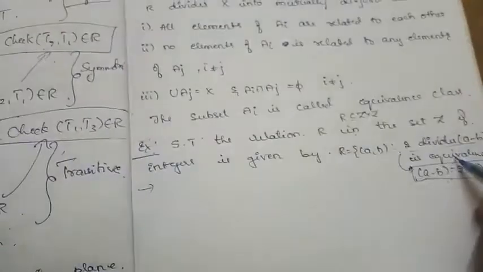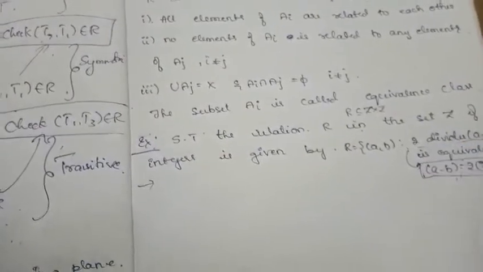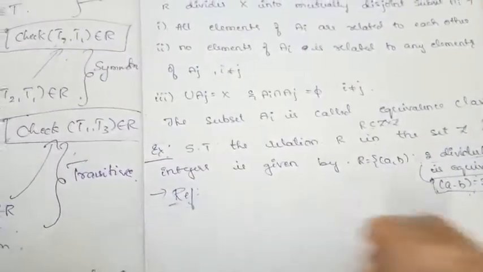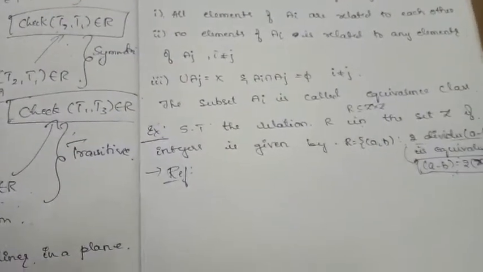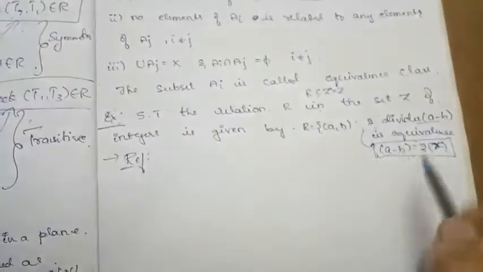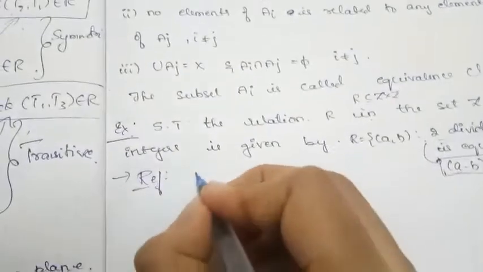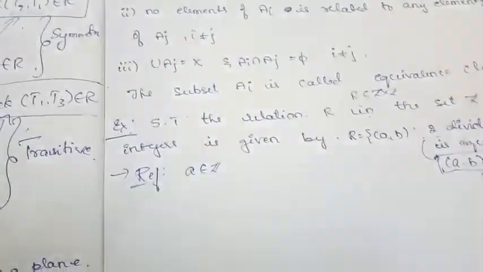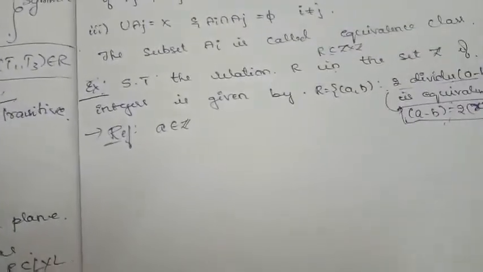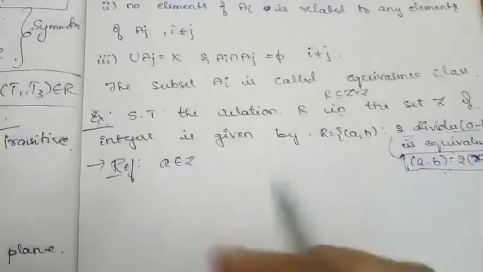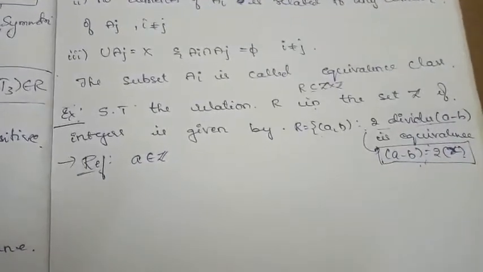Now we need to show that this relation is an equivalence relation. For that we need to check whether it is reflexive, symmetric and transitive. First let us check for the reflexive relation. Suppose I take A belonging to the set of integers. Let A be any number belonging to the set of integers.